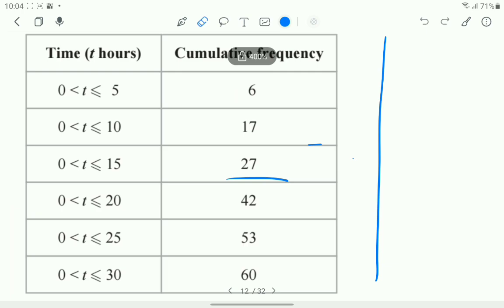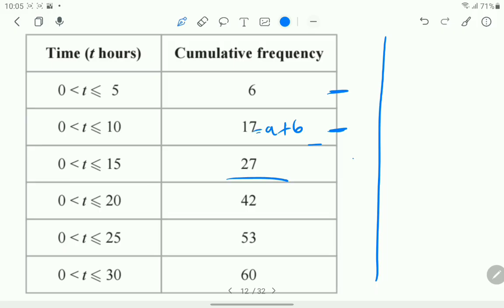So we see that between 0 and 5 hours 6 workers have worked, and between 0 and 10 hours 17 workers have worked. Now this is a cumulative frequency table, so 6 is already added into it, and with something else to give 17.